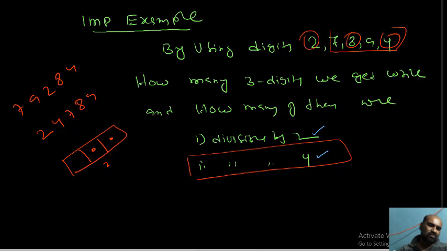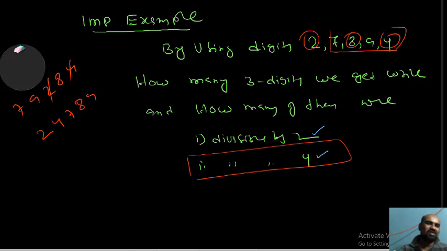Here I can use 2, here 4, so that it is divisible by 4. With 2 and 4 fixed, what are the remaining? 7, 9, 8. 724 is divisible by 4, 924 is divisible by 4, 824 is divisible by 4. In this way you can count, logically.